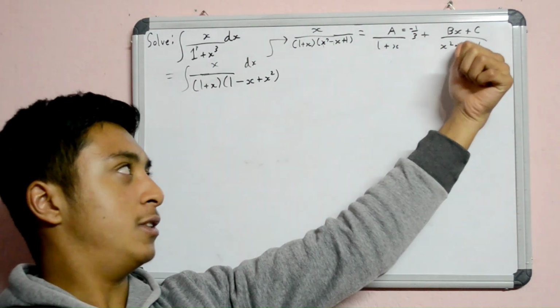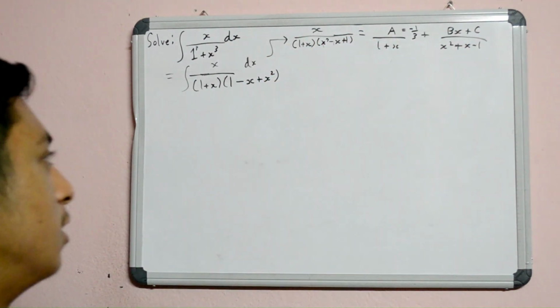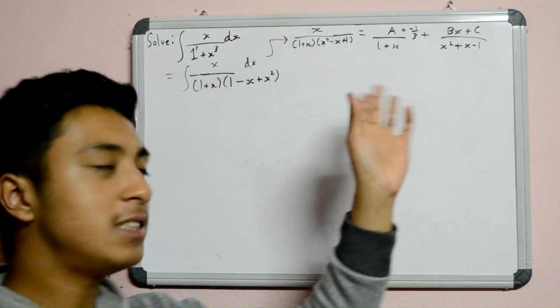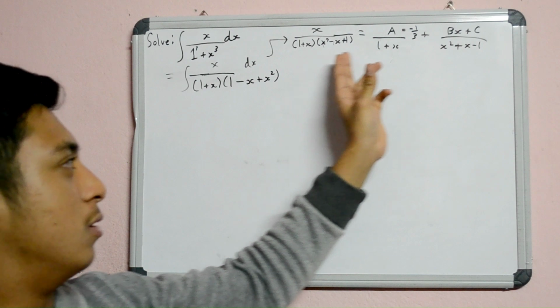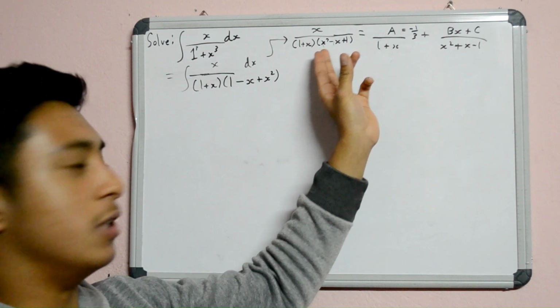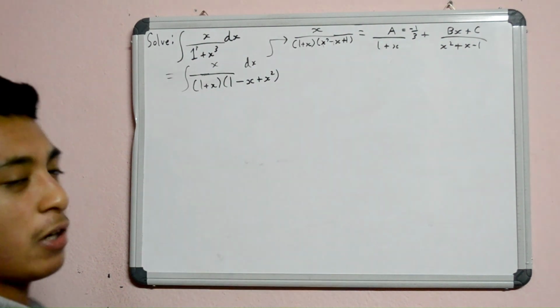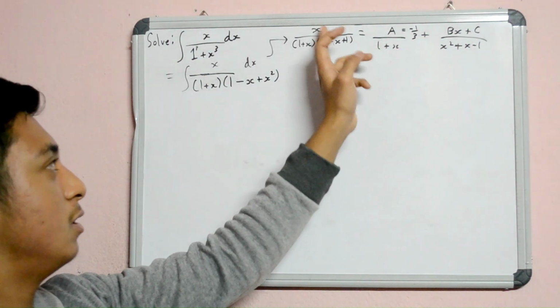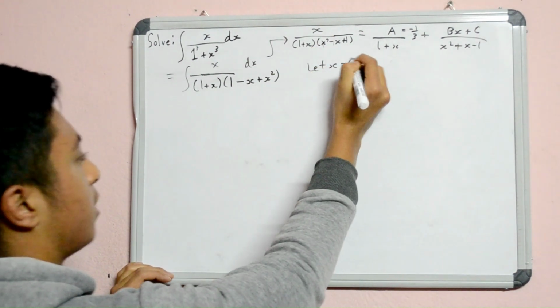Now what about the quadratic? Do we use the cover-up method? Well, no, because x squared minus x plus 1 doesn't have any nice real roots. So we'll just have to test some nice numbers ourselves. First, let x equal 0.